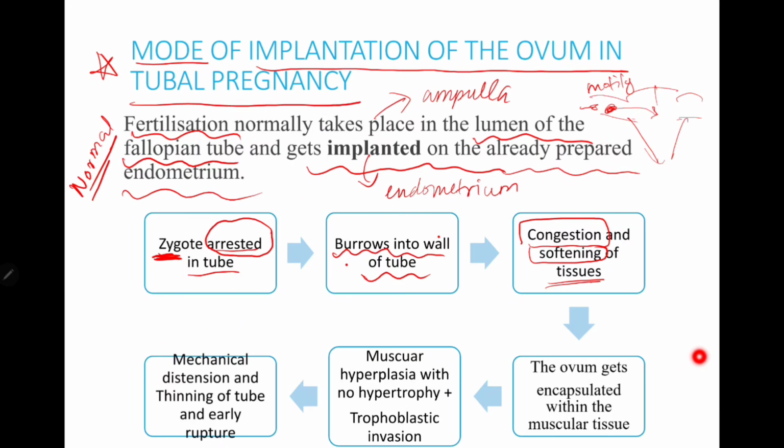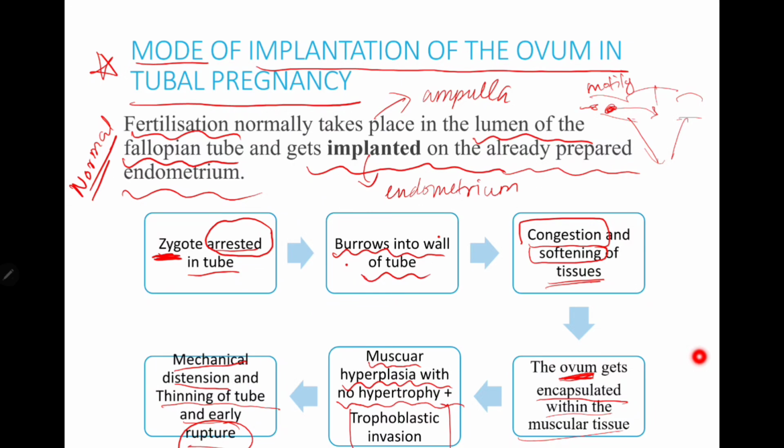Then the ovum gets encapsulated within the muscular tissue, and you're going to have muscular hyperplasia with no hypertrophy. This is going to be the trophoblastic invasion. And then there is mechanical distension and thinning of the tube and early rupture will be there.